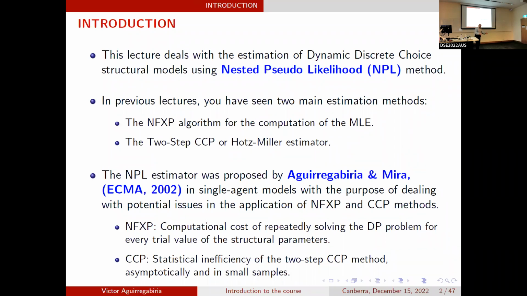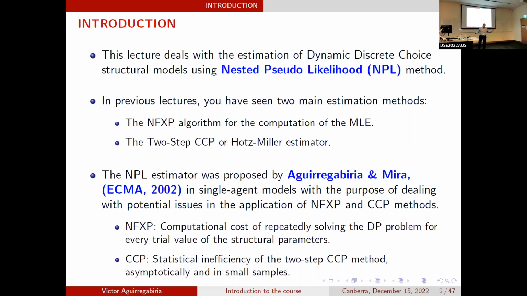The second type of motivation of our paper was related to the CCP method. The CCP method computationally is very attractive, but in terms of statistical properties it is inefficient. And it is particularly inefficient in terms of finite sample properties. That is, it is subject to a curse of dimensionality. Okay, if we have a large state space, the initial estimates of the conditional choice probabilities are going to be very imprecise, and that is going to translate into imprecise, biased estimates of the structural parameters.